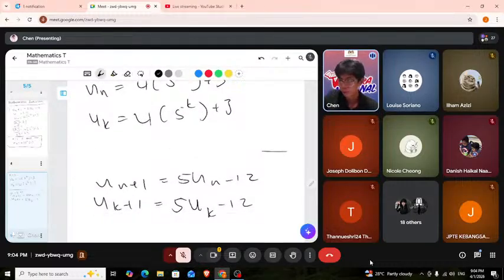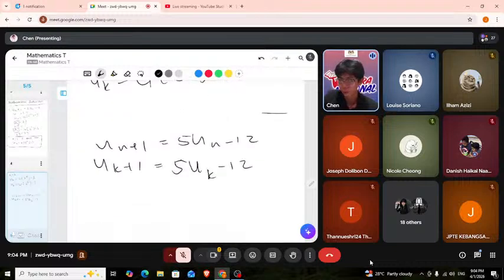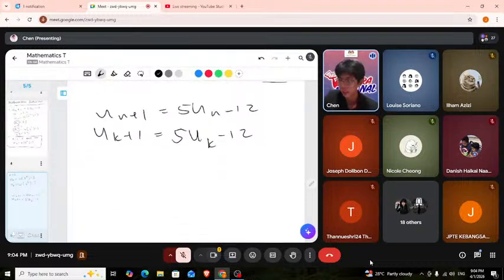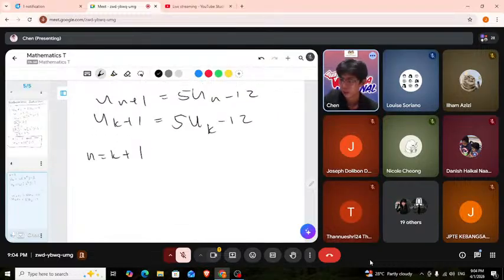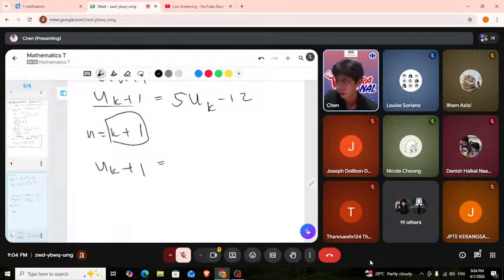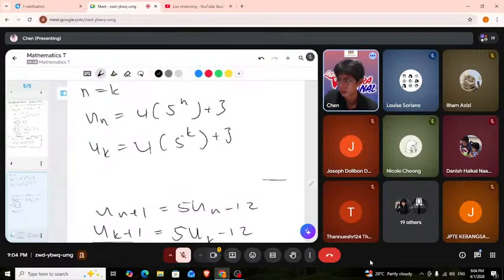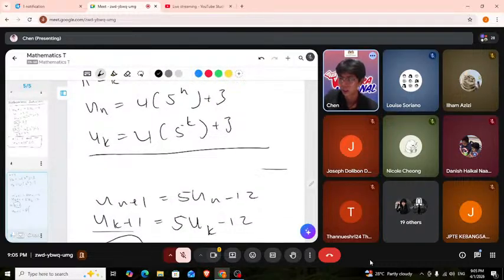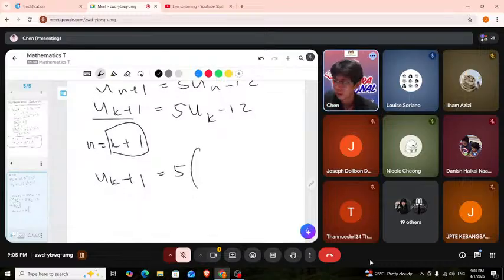When you convert n equals k, it will become something like this. Then after that, when you want to convert this into n equals k plus 1, it's different because you already have this. It's basically that. But for this, on the other hand, it's different, where you just take this, and then you just put it in.